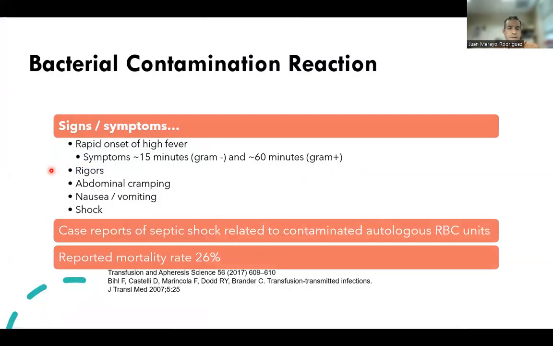The patient may develop rigors, abdominal cramping, nausea, vomiting, and shock. Case reports of septic shock related to contaminated autologous units have been described, so autologous units will not prevent this. The reported mortality rate is up to a quarter of the patients, so pretty high, especially in gram-negative contamination.